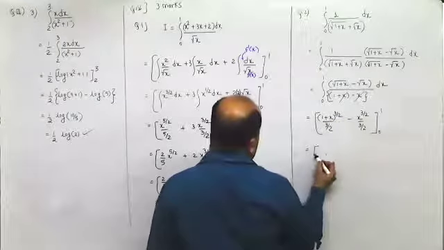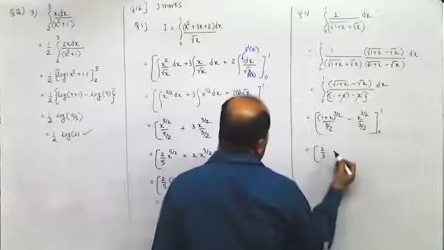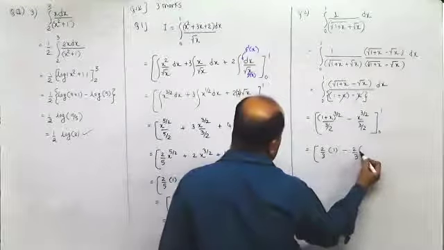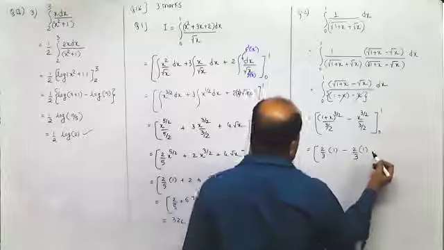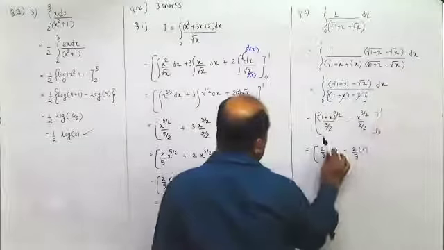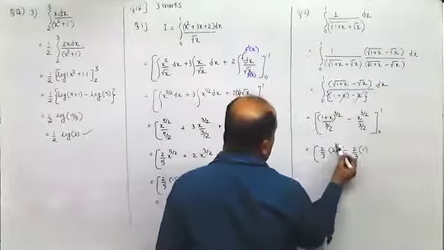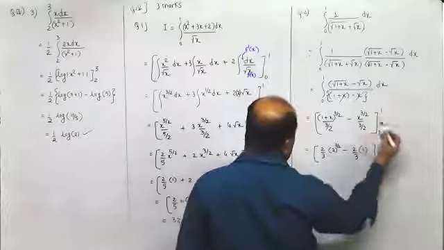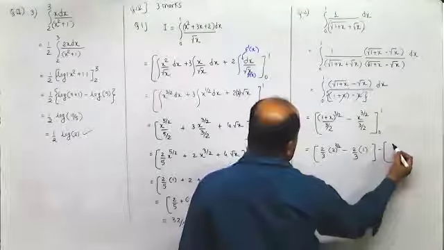Do point out if you figure out any calculation mistake. First substitute the upper limit 1, this is 2 by 3. When you substitute 1, you will get 2 raised to 3 by 2. Then minus, when you substitute 0, this will become 1 raised to 3 by 2.